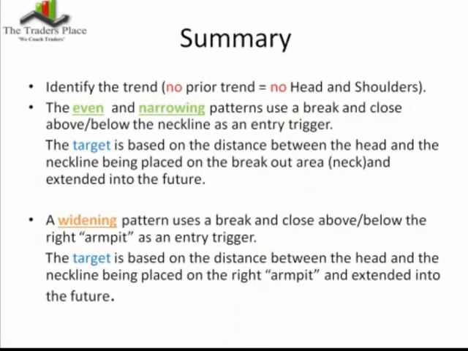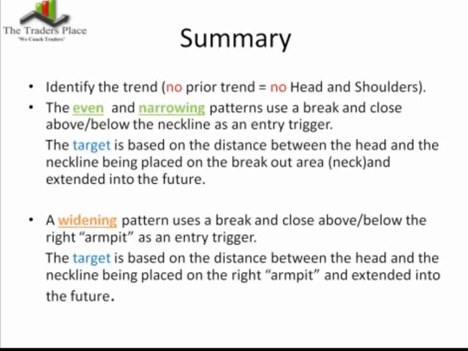In summary, this would be your checklist. Identify the trend. No prior trend, no head and shoulders pattern. It will look like a head and shoulders, you could call it a head and shoulders, but it's not tradable. For the even and the narrowing patterns, we use the break and close above or below the neckline as an entry trigger. The target is based on the distance between the head and the neckline, placed on the breakout area.